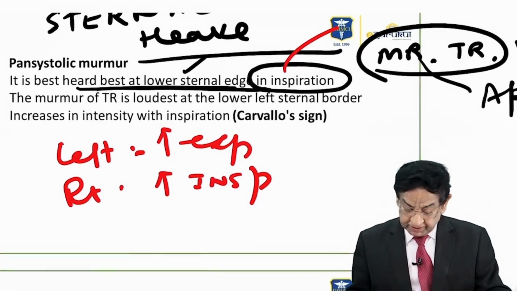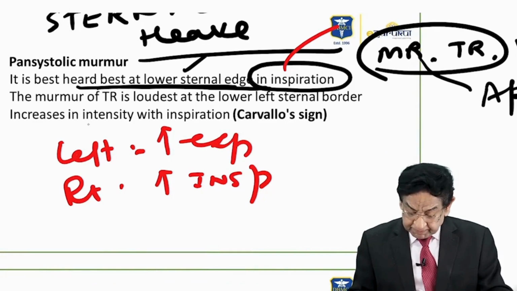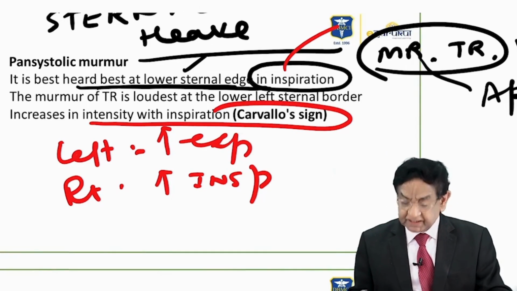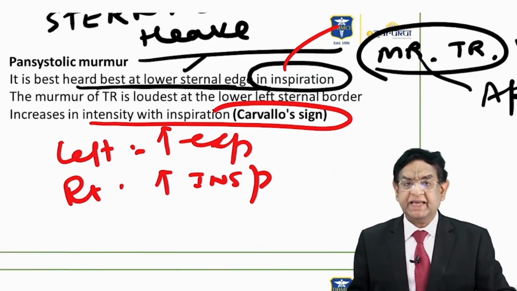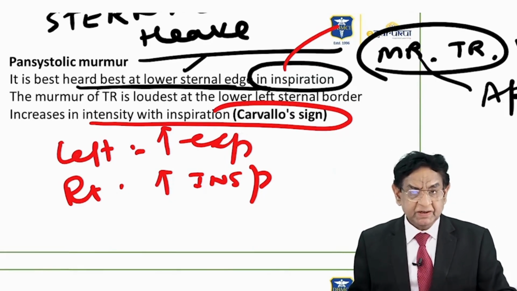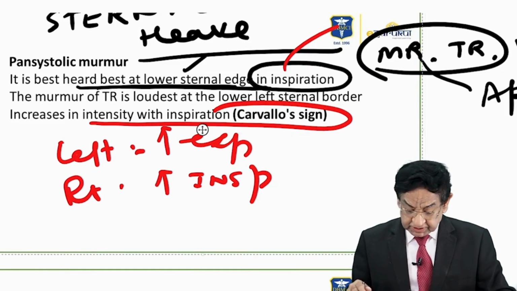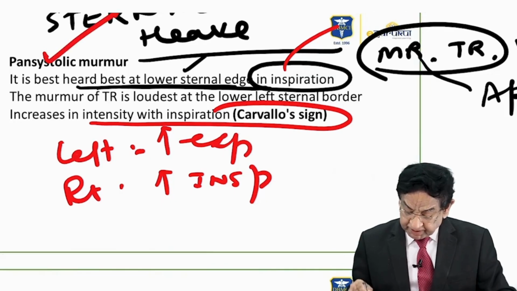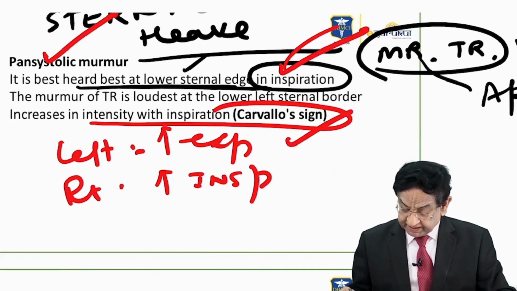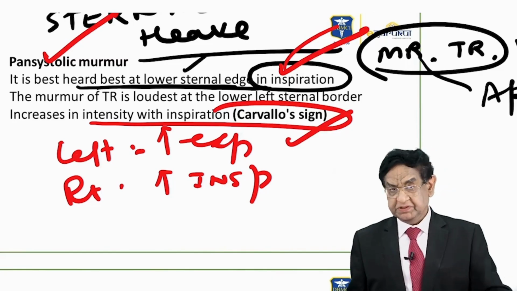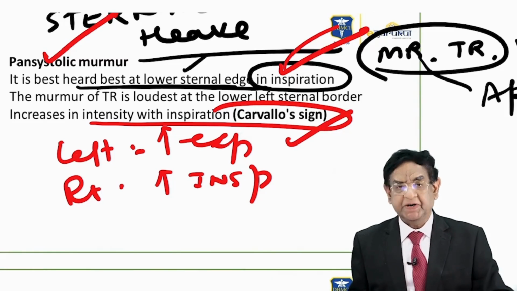The increase of the murmur with inspiration has been named Carvallo sign, especially for the murmur of TR. So we understood: pansystolic murmur, inspiration, and Carvallo sign. These are three keywords to remember in this slide.